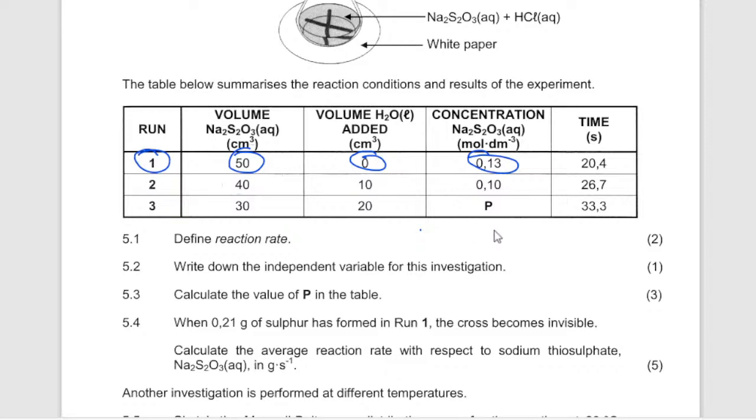For example, you will say that number of moles is equal to concentration times volume. So in this case, number of moles is equal to concentration, which is 0.13, times volume, which is 50. But don't forget that this is not in decimeter cubed, so I have to convert it into decimeter cubed by dividing by 1,000, and when you do this on your calculator, it is most likely to give you 0.065.